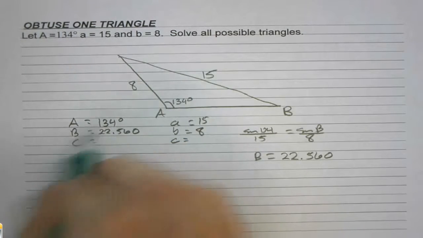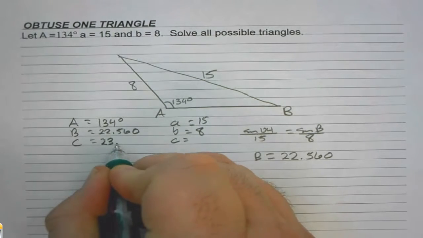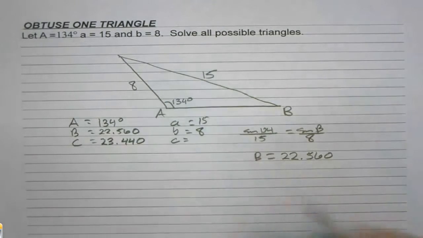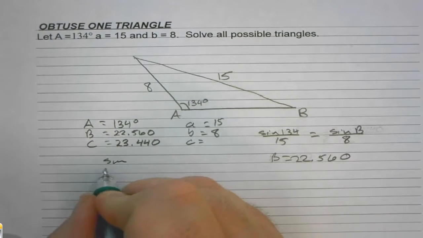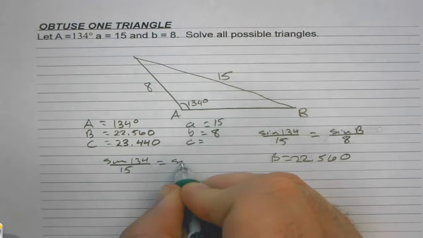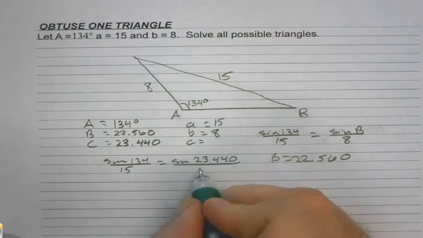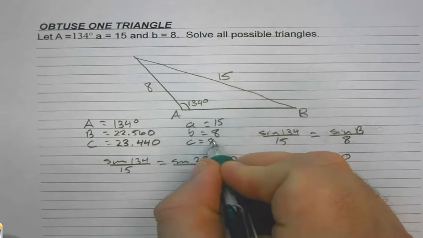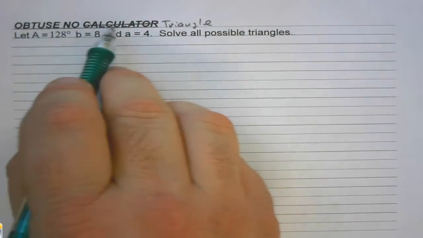Now we're going to add that to 134 and subtract from 180, and we get 23.440. Well, now we just need side C. Now we can take the sine of 134 over 15 and set that equal to the sine of 23.440 over C. C is equal to 8.295.